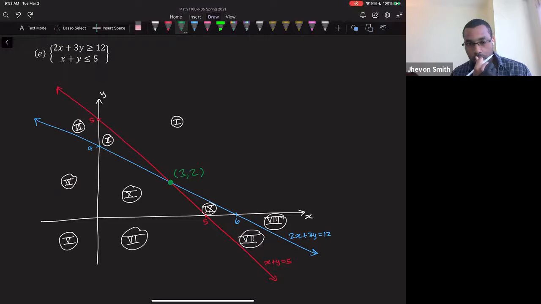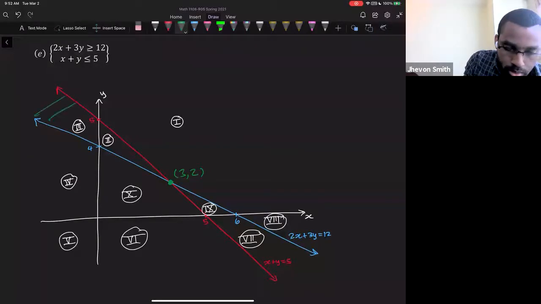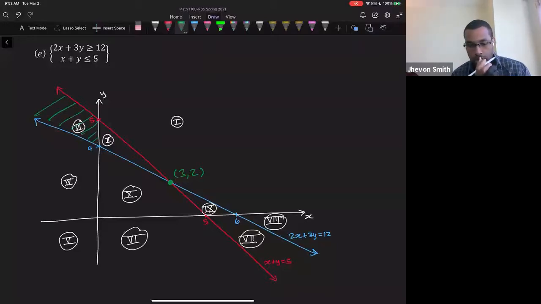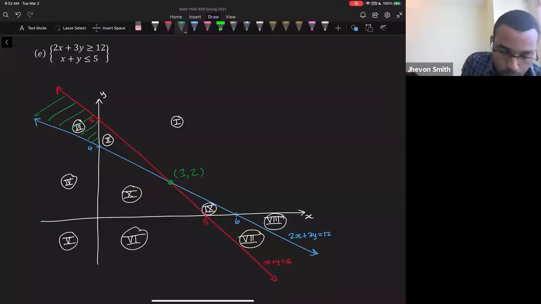Would that be 3? So here? Yes. Anything else? Could it also be 7? Oh, wait. Never mind, not 7. I mean, that's not it. There are more places. 2. That's what I meant. 2.